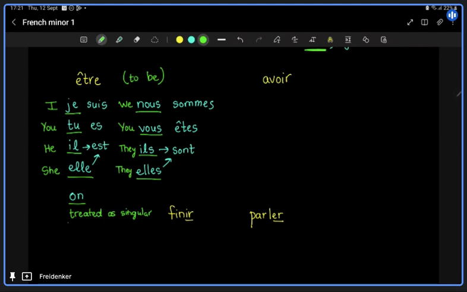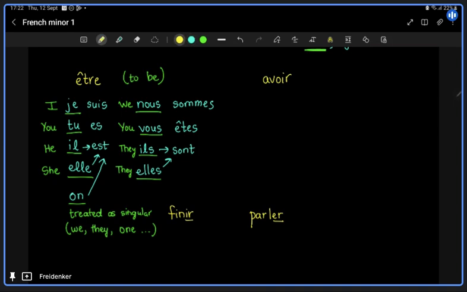It could mean we, they, one, one person or someone. It depends on the context. But its conjugation will be the same as il and elle. Whichever verb comes after it, its conjugation will be the same as whatever il and elle take.